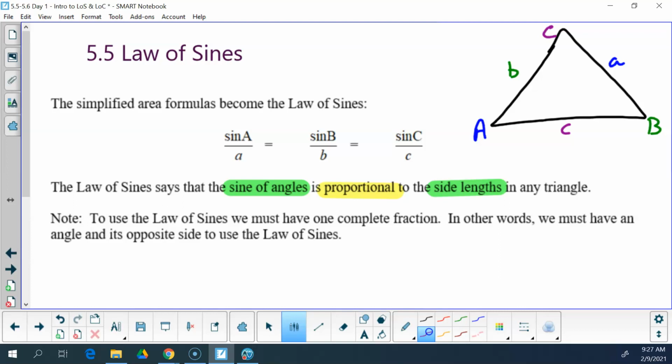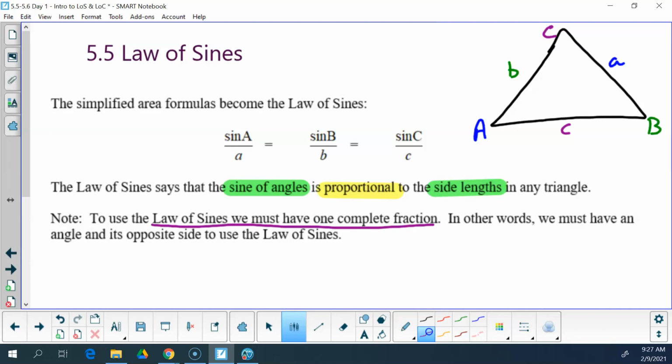In order to use the law of sines, this is very important: we must have one complete fraction. So we have to have at least one angle and its opposite side. If you don't have one angle and its opposite side, then you've got to use something else.